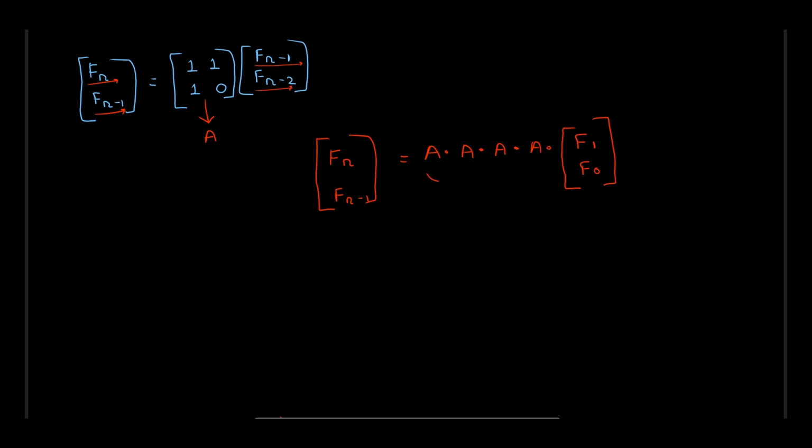How many times would this be? This would either be n or n minus 1. Like, we'll take care of that off by one error. Not a big deal. But the idea that I want to convey is that this is multiplication of several matrices which are identical.